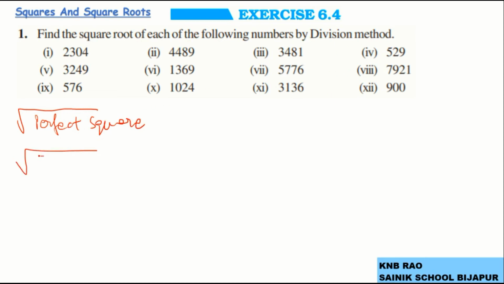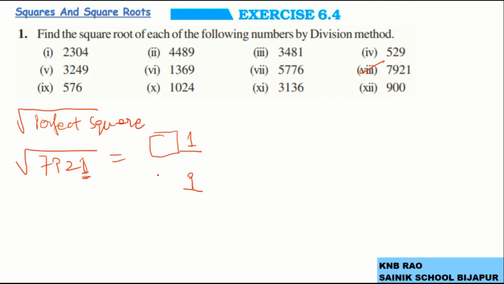Suppose you are finding the square root of 7921. So its square root certainly ends in 1 or 9, because it is ending in 1. So the moment a number ends in 1, its square root ends in 1 or 9.